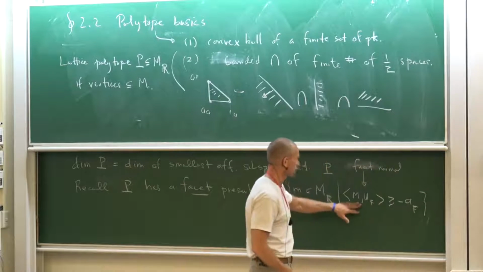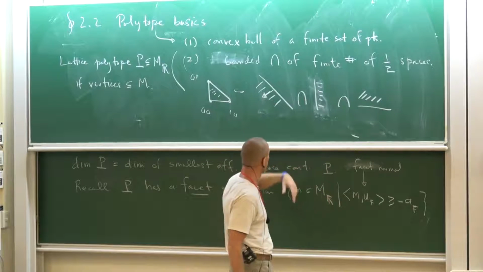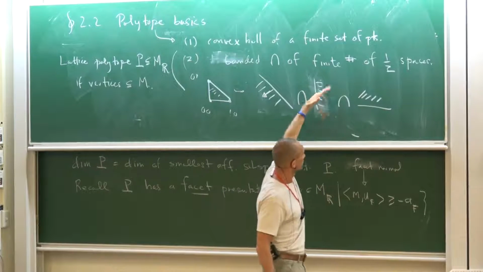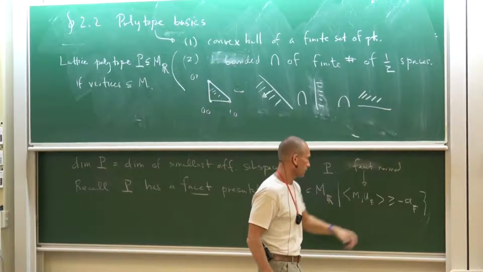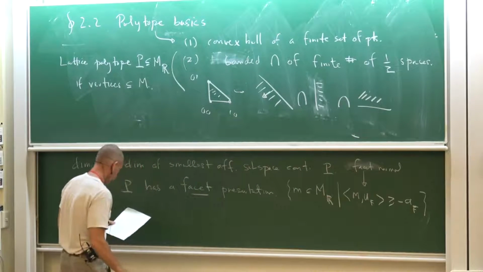So all these are the intersection of half spaces, right? So I have these facet normals here, and these u_F's are going to be things that are pointing in these directions, and then I have some a_F. So that's just a bunch of half spaces. So that's the facet presentation.